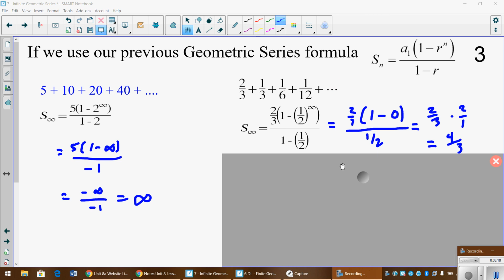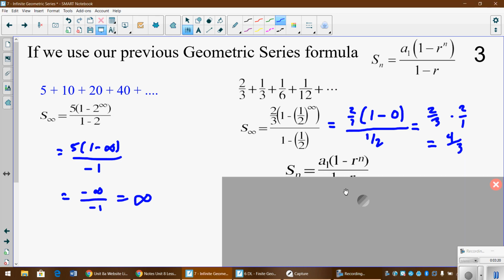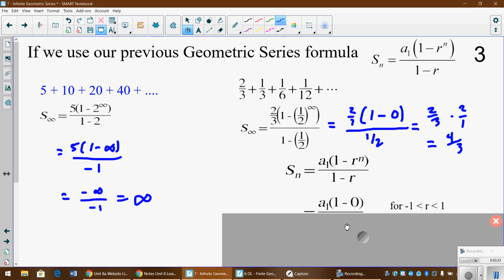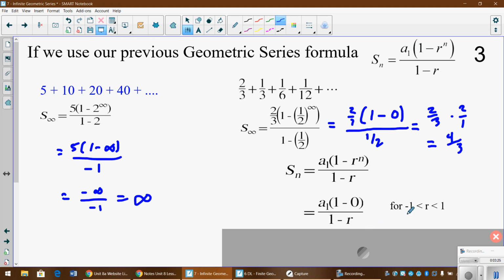In general, then, if we were to take this formula and just recognize that any common ratio r between -1 and +1, some fraction, if you multiply it a bunch of times, you get 0. You approach 0 and get there at the end.